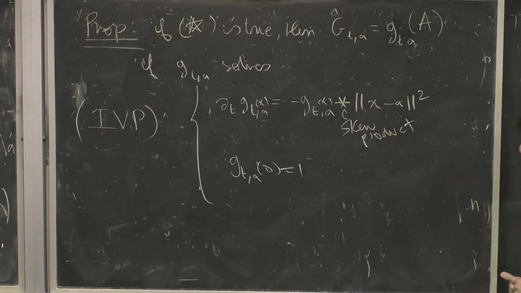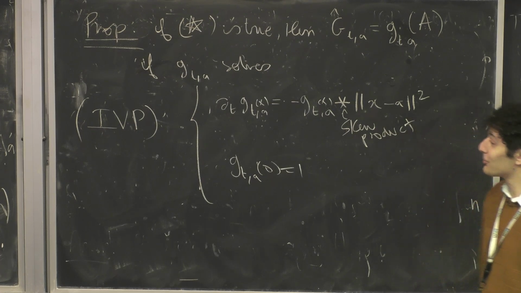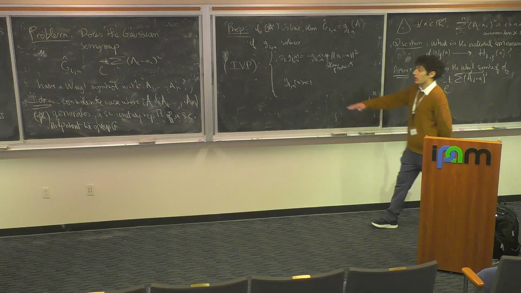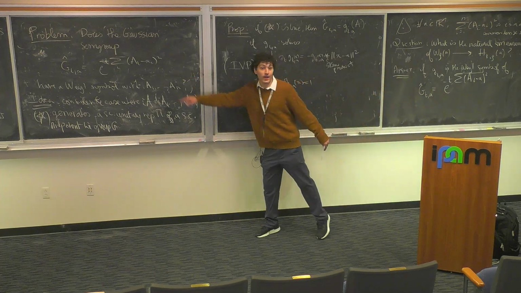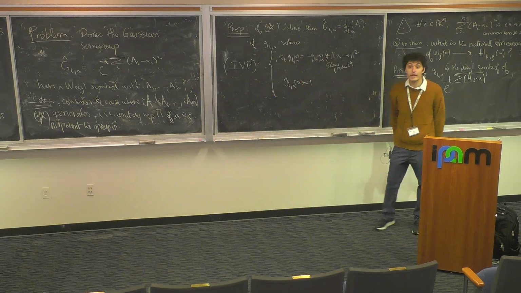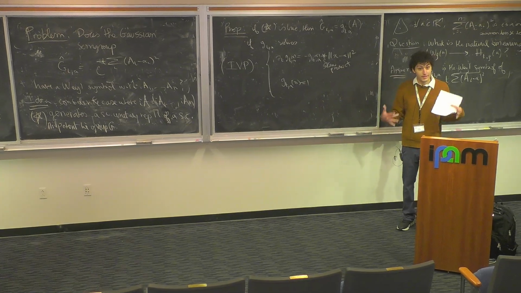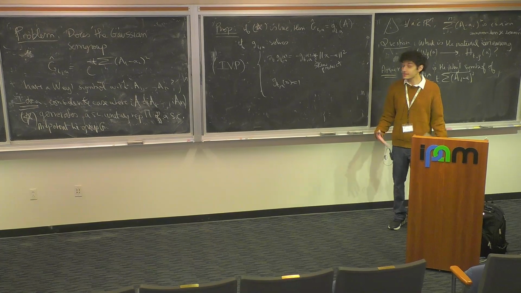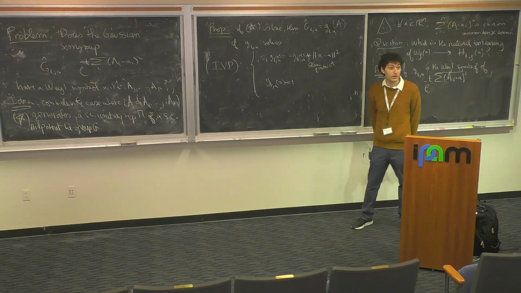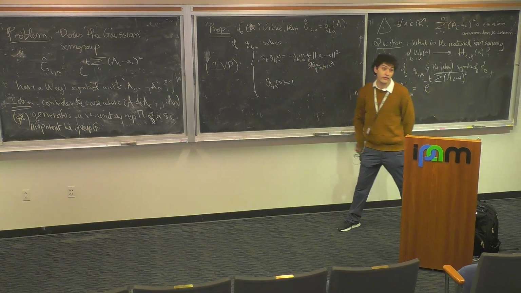So I hope to convince you that this problem of asking about the existence of a Weyl symbol for this Gaussian semigroup, in the case when my self-adjoint operators generate the symmetries of a nilpotent Lie group, in other words give me access to this star product, is equivalent to this IVP.